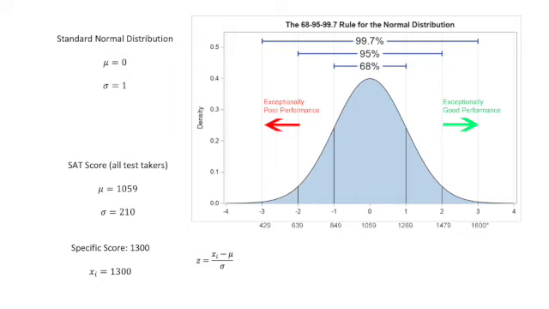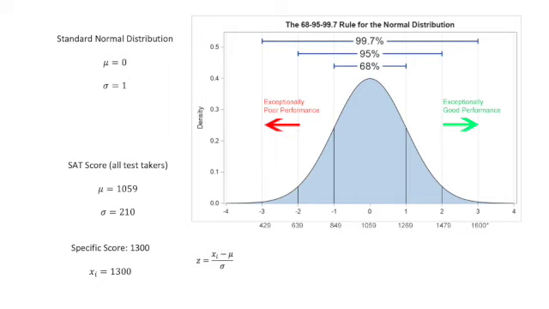Z-scores substantively are the number of standard deviations an observation is from the mean. So a z-score is a standard deviation score. That is, a z-score is your position on the standard normal distribution. We can calculate z-scores using the formula of x_i, that is our specific value we want to locate on the standard normal distribution, minus the mean, divided by the standard deviation.